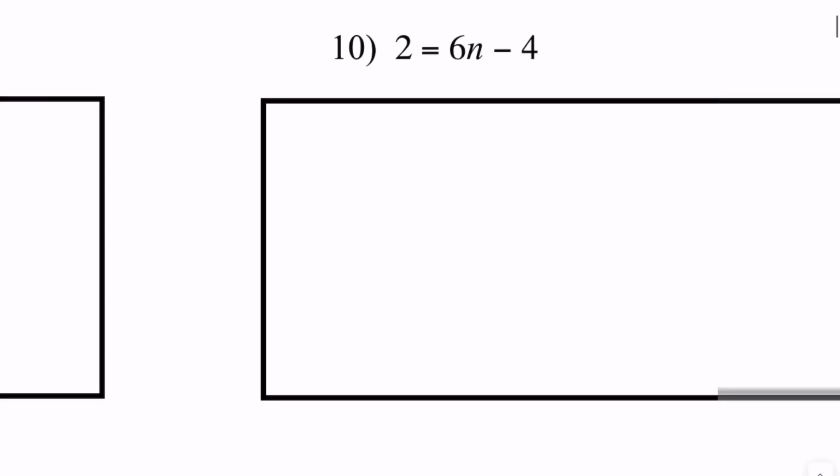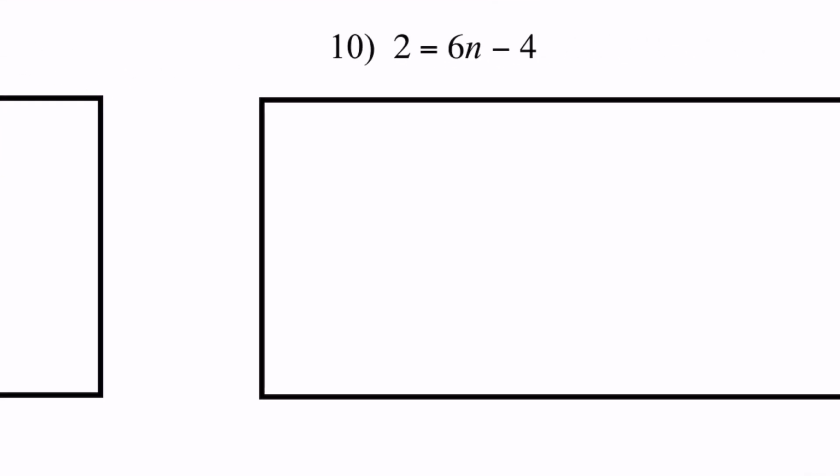And our final question, add 4 to both sides. And we get that 6 is equal to 6n. The math is nice and easy here. Divide both sides by 6. And we get that n is equal to 1.